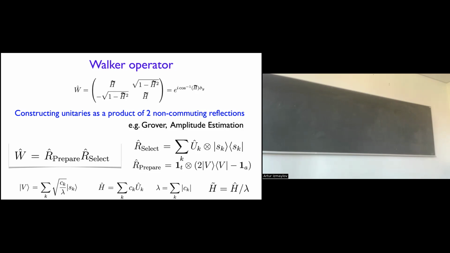And then there will be this special vector that contains essentially all the coefficients of the Hamiltonian decomposition in unitaries. But coefficients and unitaries will be separated.